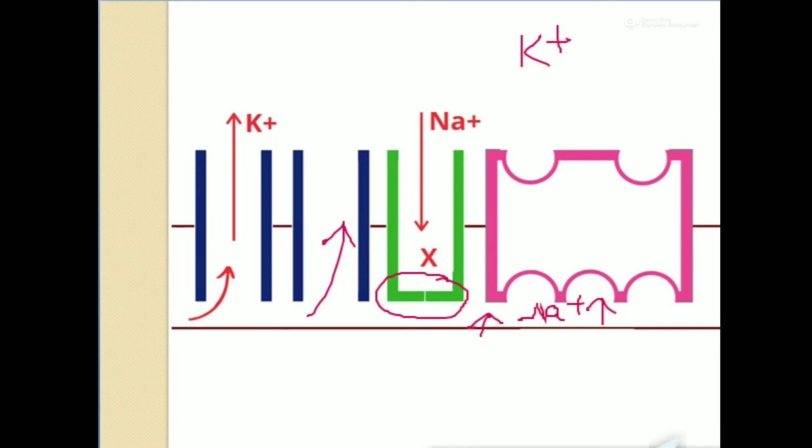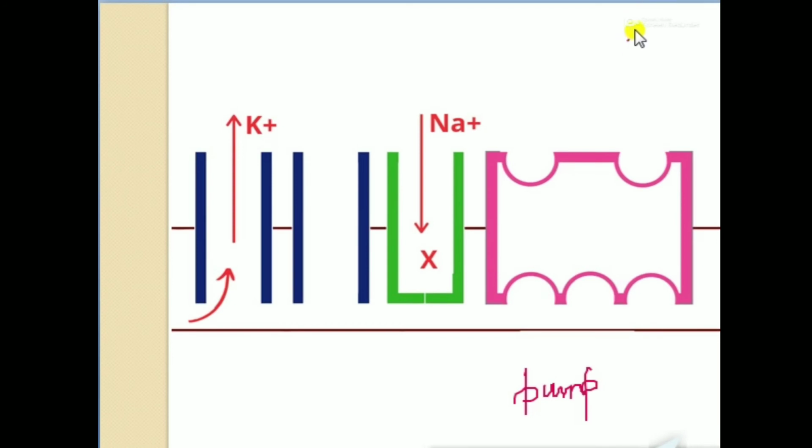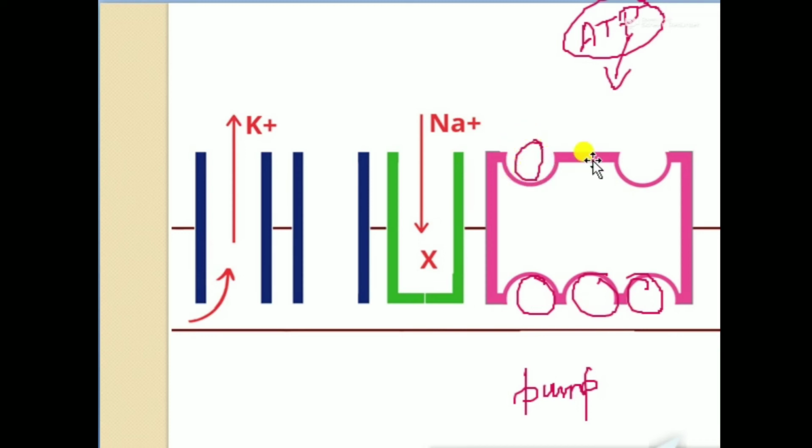Now the pump shows its activity. The pump works with the help of ATP. They can't do it without the help of ATP. Now they bind with the sodium ions that are present inside the cell. They bind 3 sodium ions inside the cell and 2 potassium ions outside the cell, and just rotate.